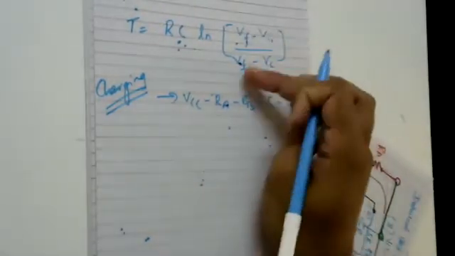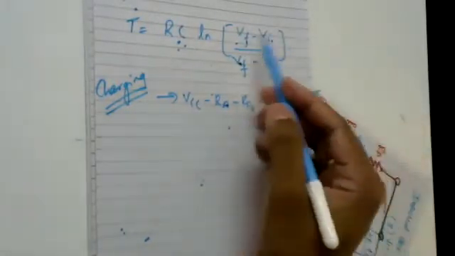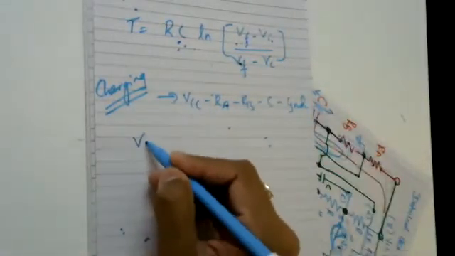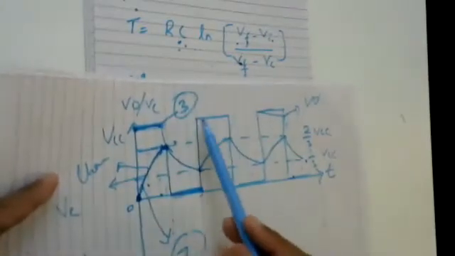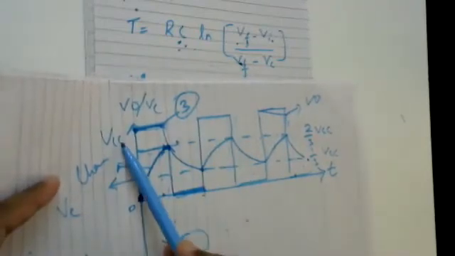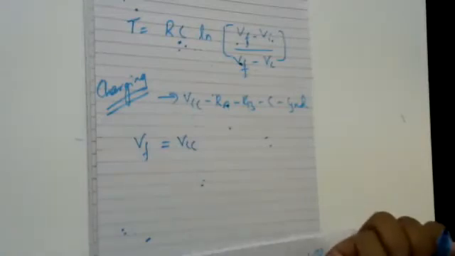now we will identify what is the final voltage, what is the initial voltage, and what is the voltage across the capacitor C. In this case, what is the final voltage? The maximum voltage that can be attained in a circuit is nothing but the final voltage. So the maximum voltage is VCC, so VCC is the final voltage.